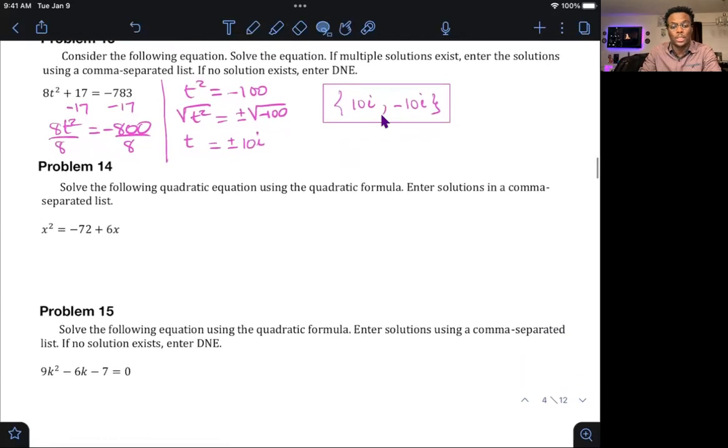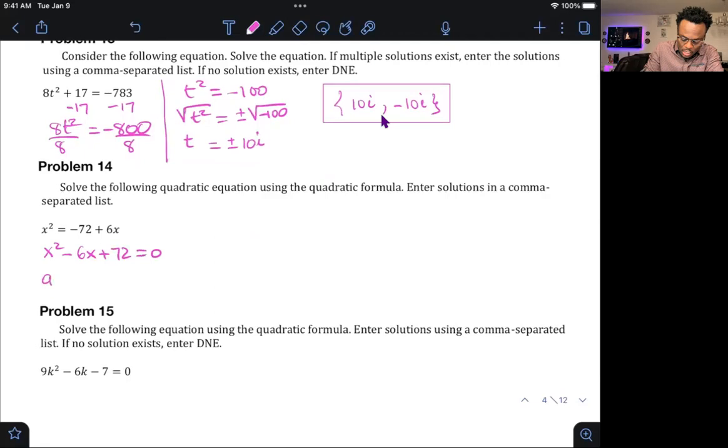Next problem, number 14, says solve the following equation using the quadratic formula. So we would find the standard form, which is x squared minus 6x plus 72 equals 0.